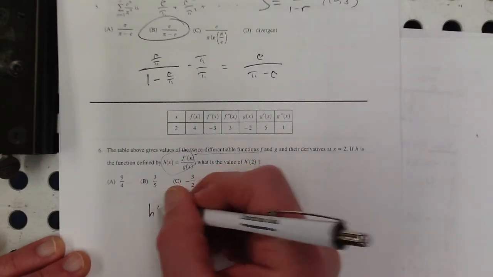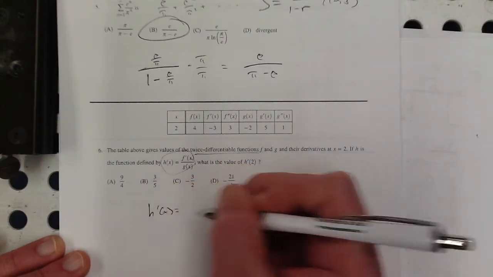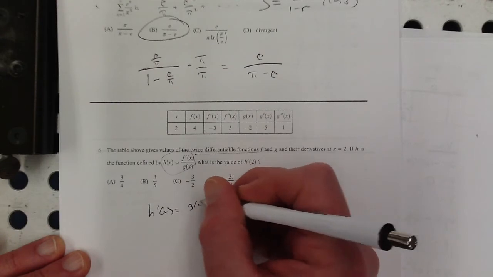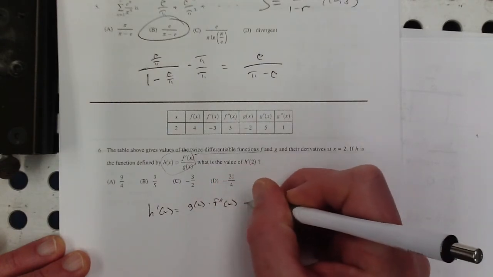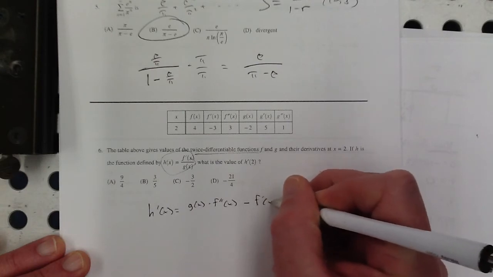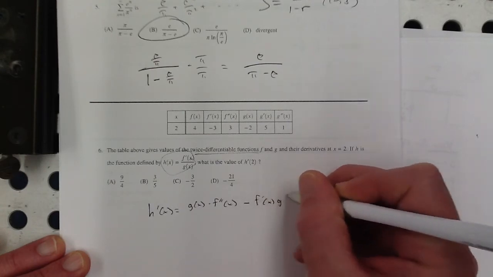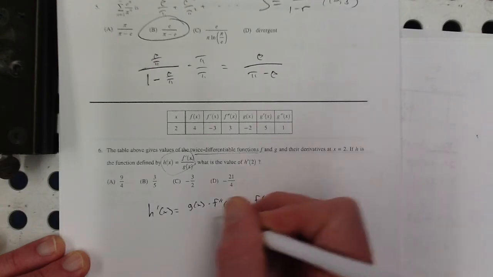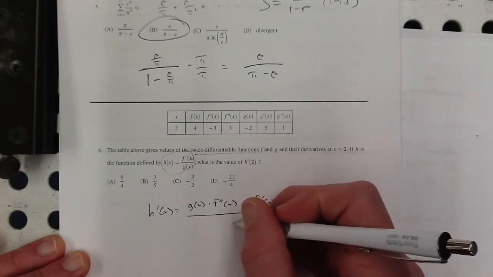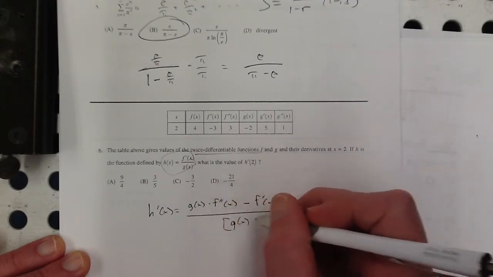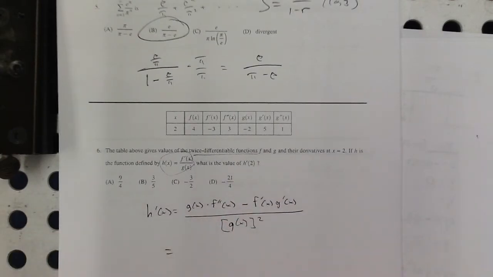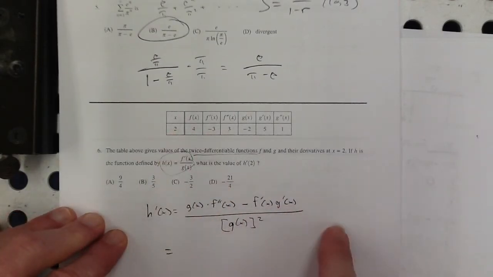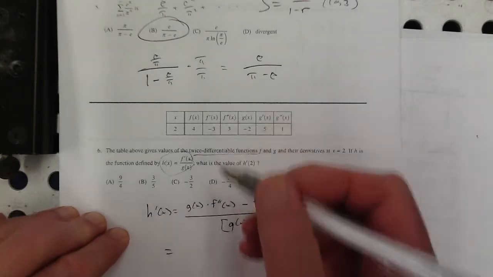Quotient rule. So h prime of x is equal to low d high minus high d low over low low. And now I just have to carefully plug in. It's only 2 that I'm plugging in, so I think I'm just going to go straight to that.